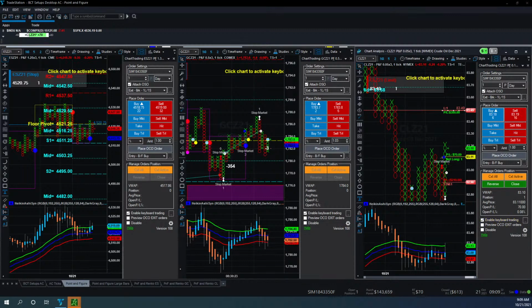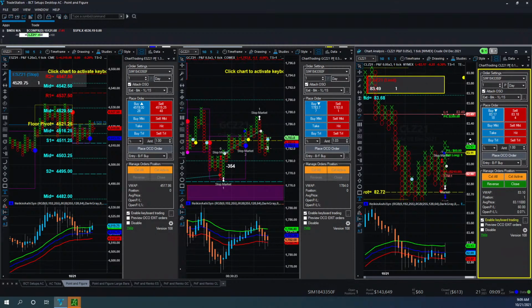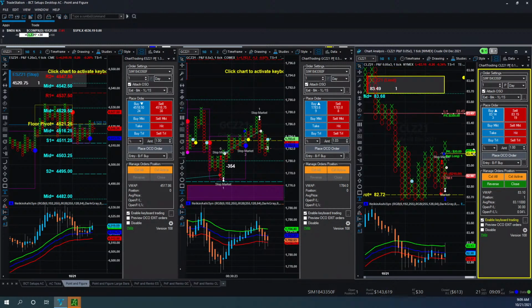Okay, I took an entry in this break in crude to the upside. Let's see how it plays. Let's see how it does. It's very choppy, so it could reverse.